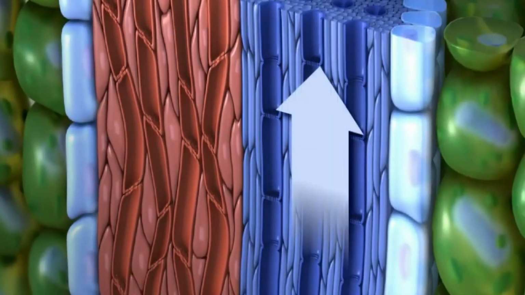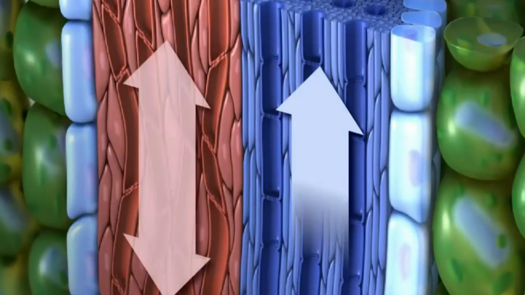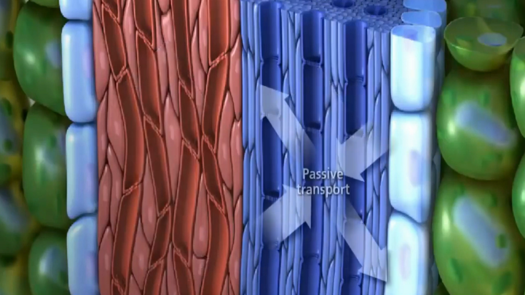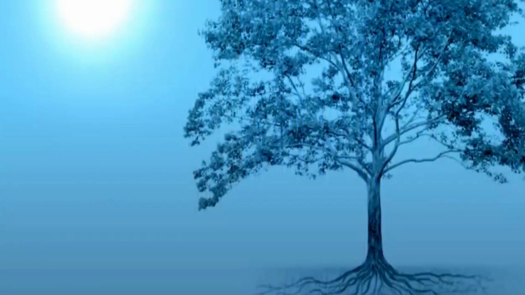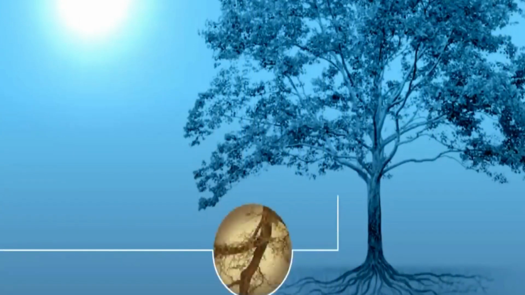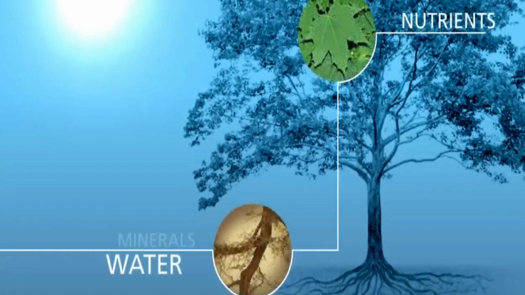Water potential is an important driver in both xylem and phloem transport, but only phloem transport utilizes both active and passive transport. Our heart pumps blood throughout our bodies to provide nutrients and water to our cells. Vascular plants can accomplish this same feat without a heart using transpiration, water potential and translocation to move water, nutrients and minerals to all parts of the plant.